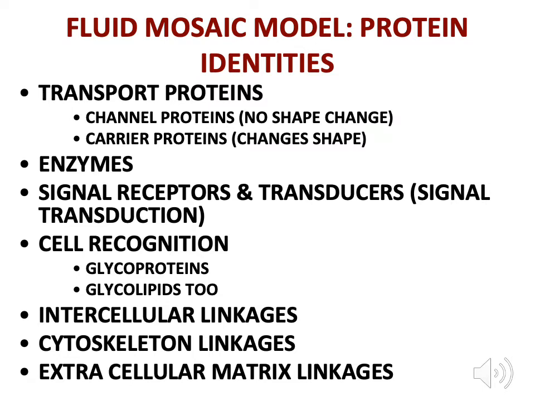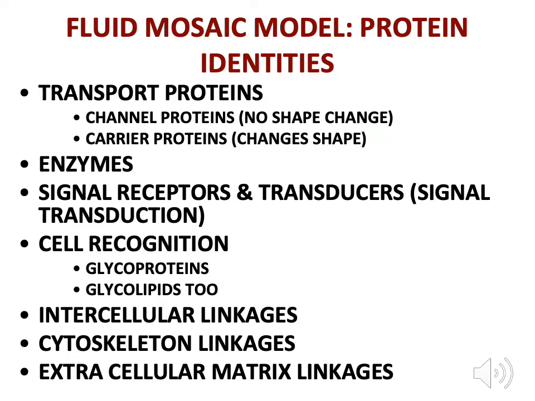A glycolipid will have a carbohydrate chain which will function as a chemical name tag. So the complete assemblage of carbohydrate chains that identify your cells as belonging to you or my cells as belonging to me are a combination of glycoproteins and glycolipids, both embedded in the cell membrane structure.